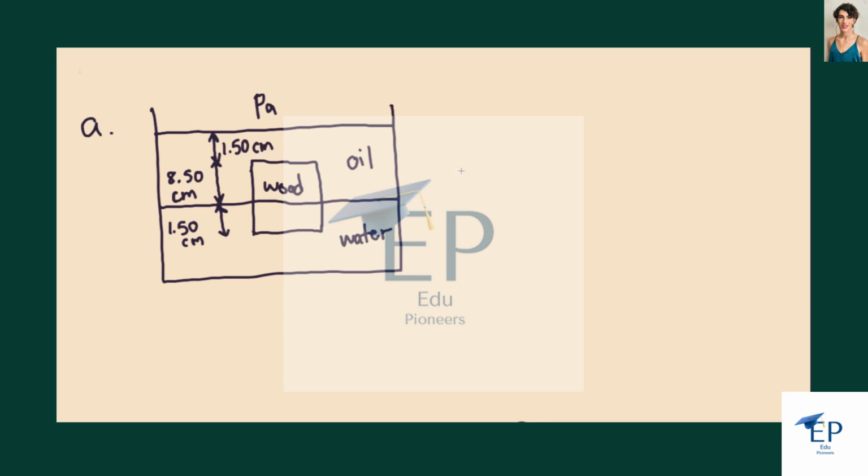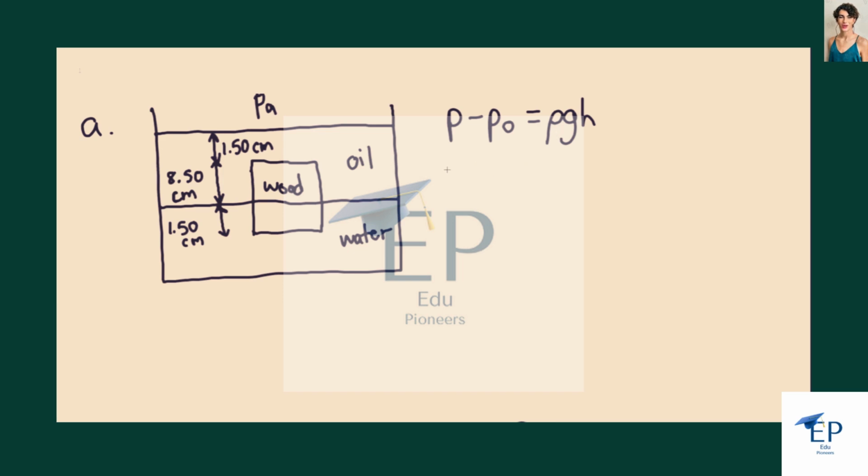So we can then say that the gauge pressure is going to be equal to the density times g times h. We can say the upper face is 1.50 centimeters below the top of the oil.